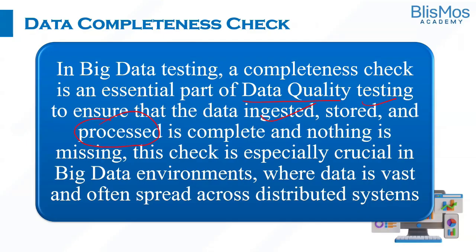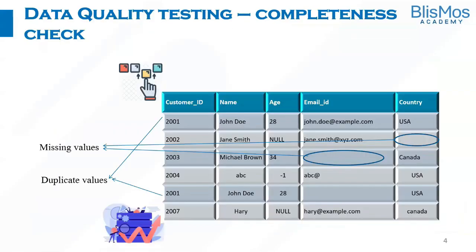Especially in big data environments, we are talking about a vast amount of data spread across different systems in a distributed system. So you have to ensure the data is complete in all the systems distributed across a cluster.